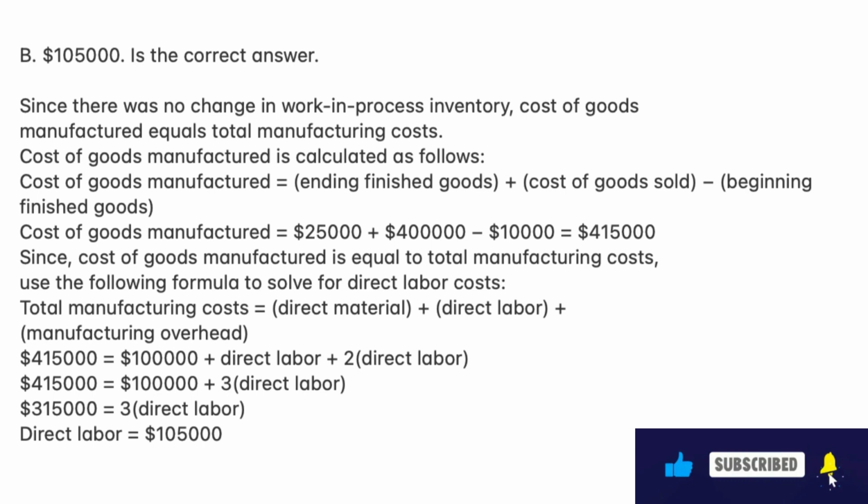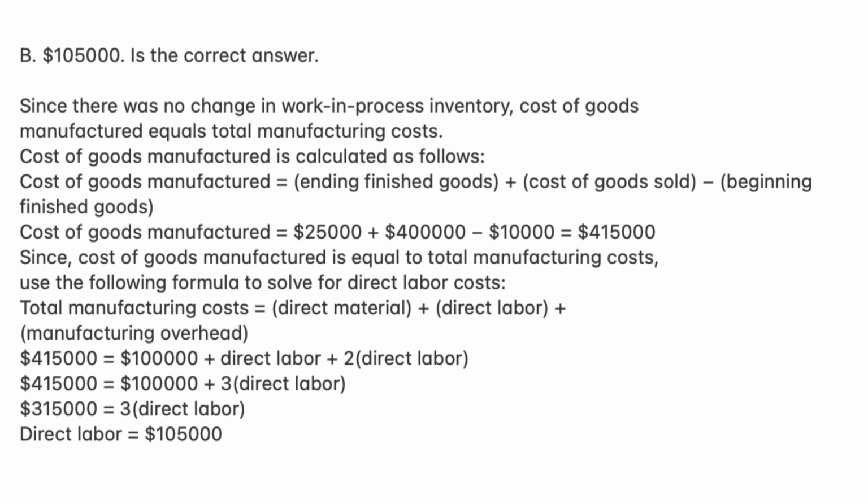Since there was no change in work-in-process inventory, cost of goods manufactured equals total manufacturing costs. Cost of goods manufactured is calculated as follows. Cost of goods manufactured equals ending finished goods plus cost of goods sold minus beginning finished goods.